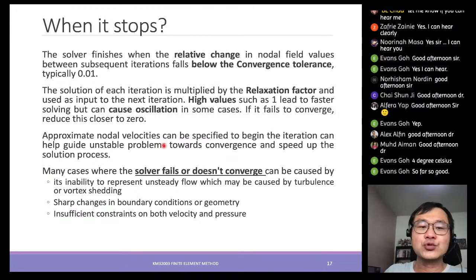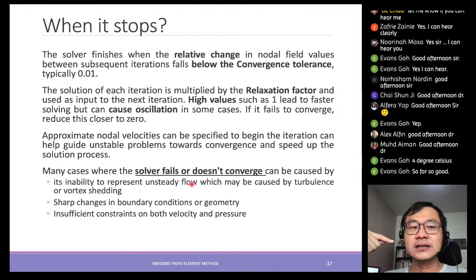Other cases would be if the solver fails to converge, there may be other factors. For example, there is an unsteady flow, because in the FEA software or maybe LISA software itself, the flow is represented by the mesh, by the relationship between nodes and other nodes.